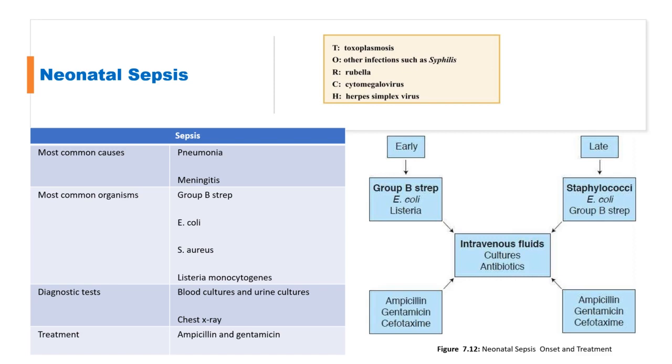If it is late onset, the most common is Staphylococci, then E. coli and group B strep, and we need to do IV fluids, culture, and antibiotics, and the treatment is with ampi, genta, and cefotaxime. All right. Let's go to the next slide.